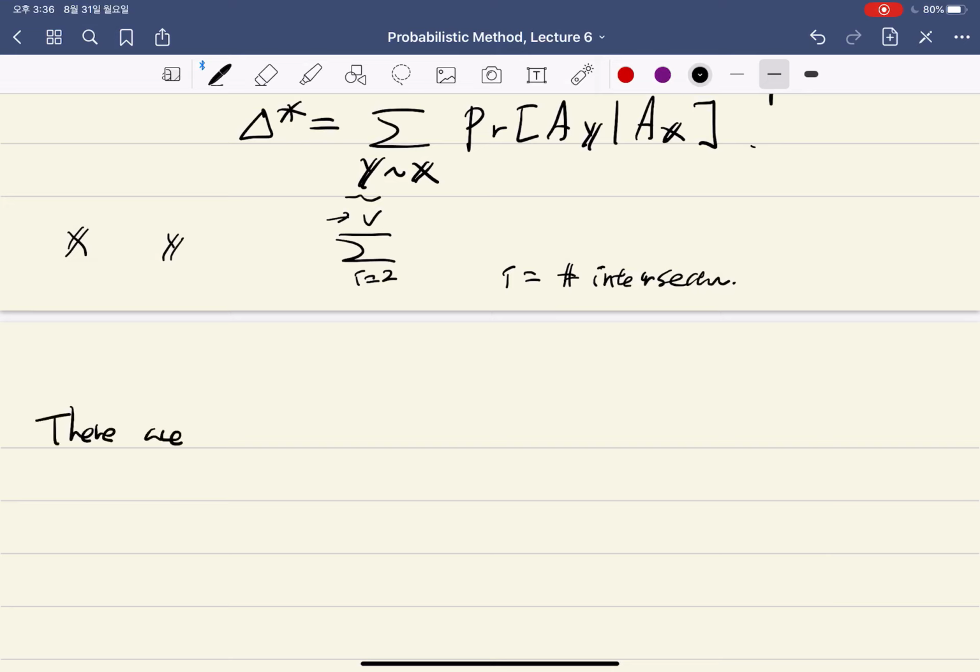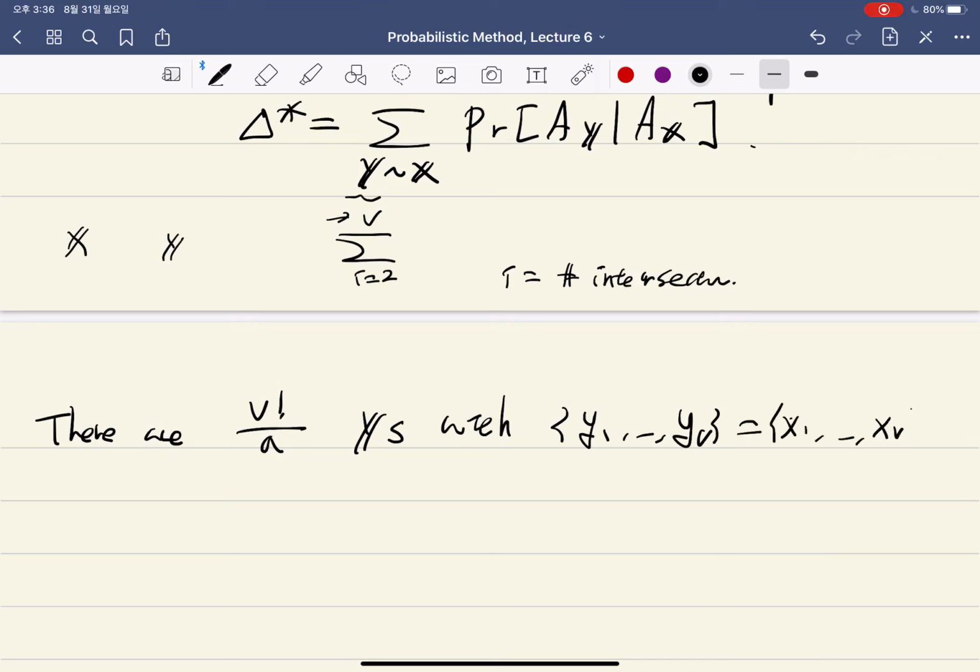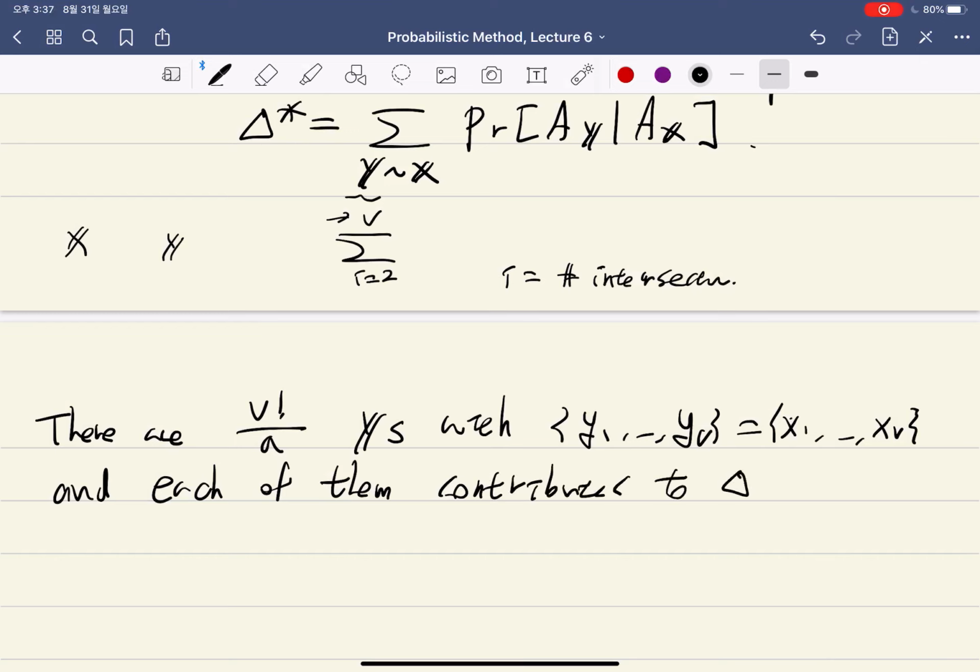There are at most b factorial such y's with the same vertices involved, and each of them contributes at most 1 to this delta star.